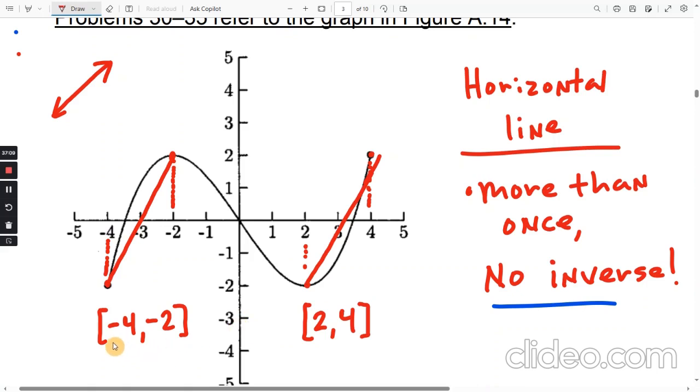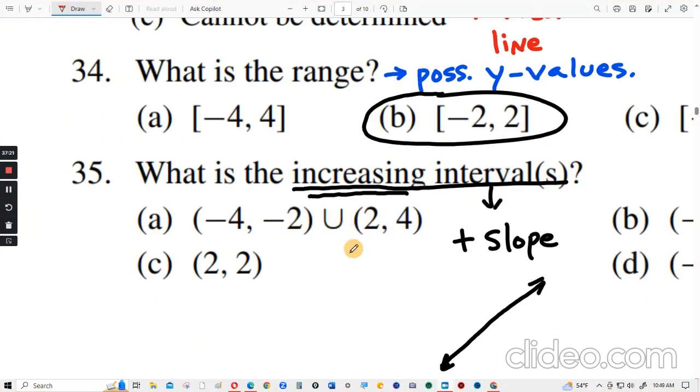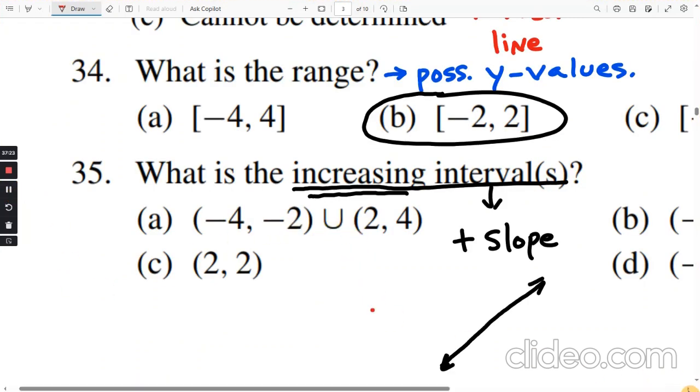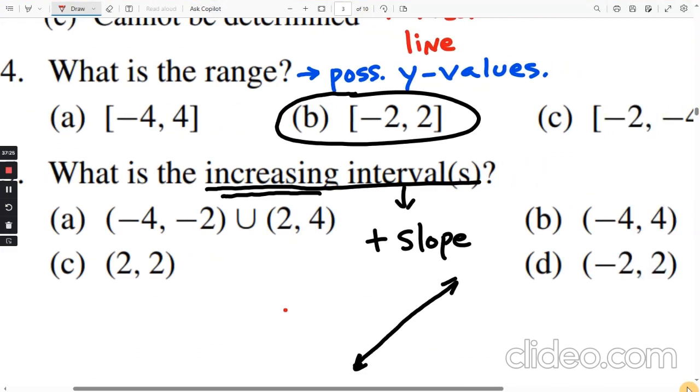I'm not sure if they're going to have the square brackets or the rounded parentheses, but these are definitely the correct intervals. So let's check our choices. This is it right here. Apparently they don't use the square brackets in any of the answers, but we said this interval, and we also said this interval.